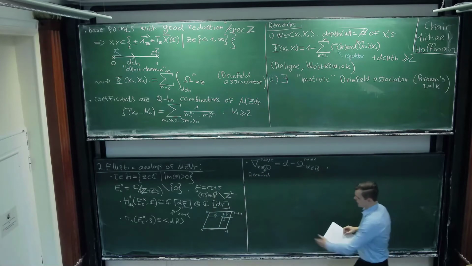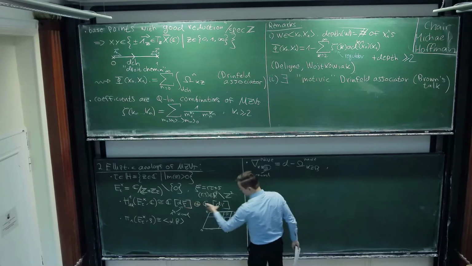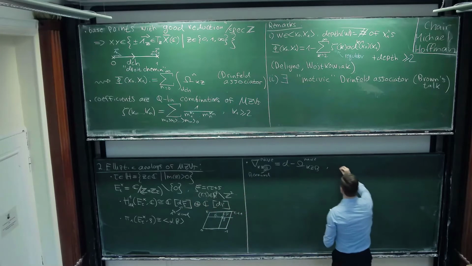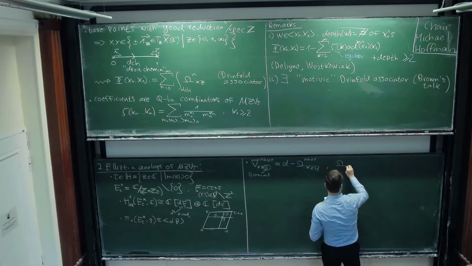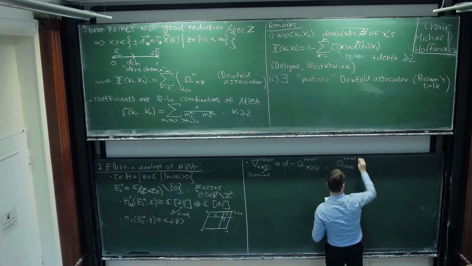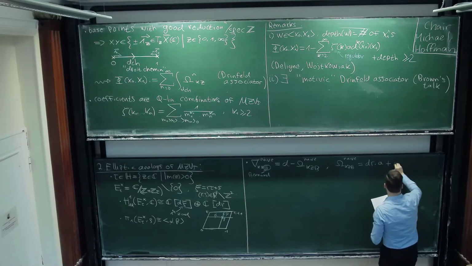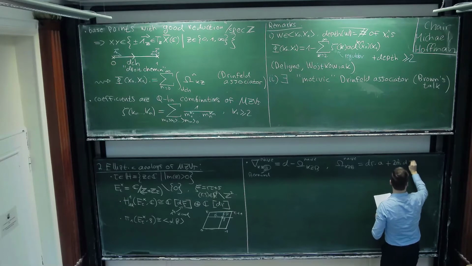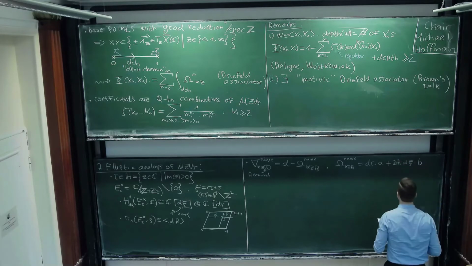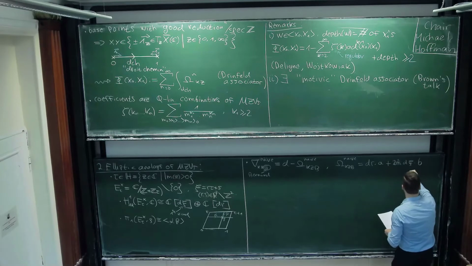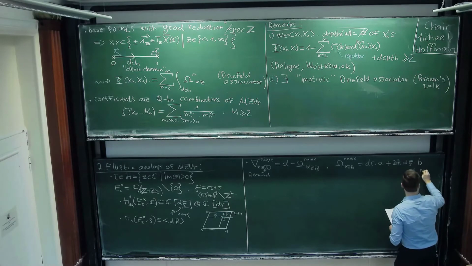Naively you could say, I just take my basis of the de Rham cohomology as I did before, and I'm going to consider this together with formal variables A, and let me put a 2 pi i here, I'm going to put it later on anyway, B, where A, B are formal non-commuting variables.